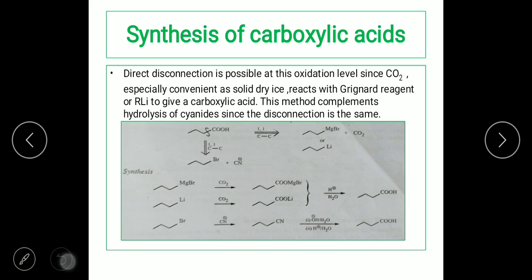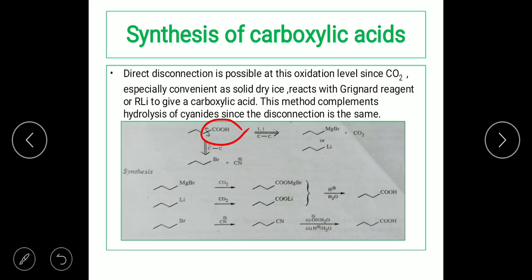Now the second approach makes use of the umpolung cyanide, which we have already studied. Instead of giving a positive charge on the carbon of the carboxylic acid, we can give it a negative charge. That is, it is going to be COOH minus and R plus.